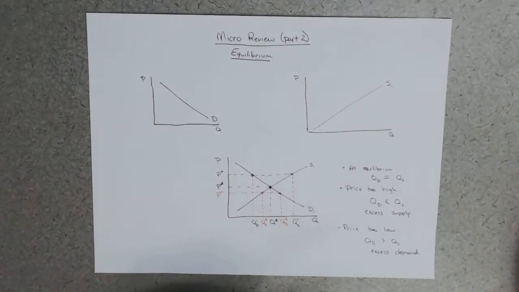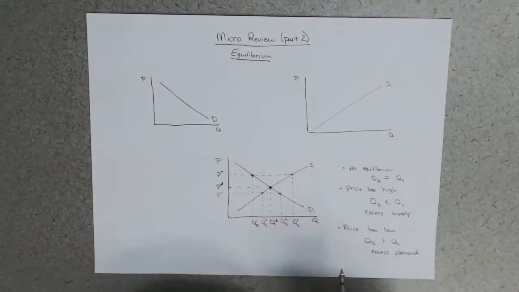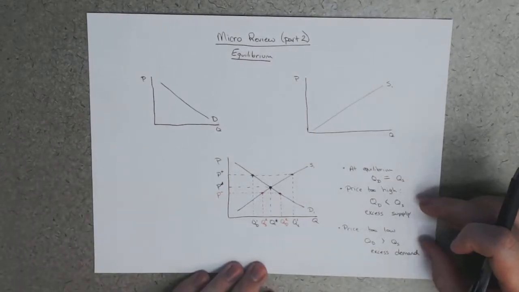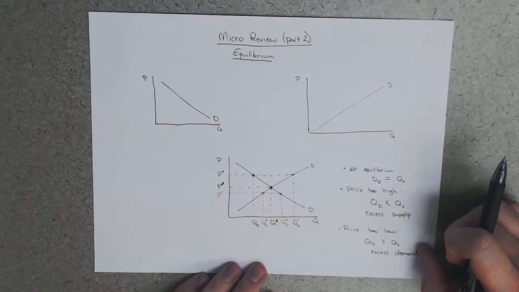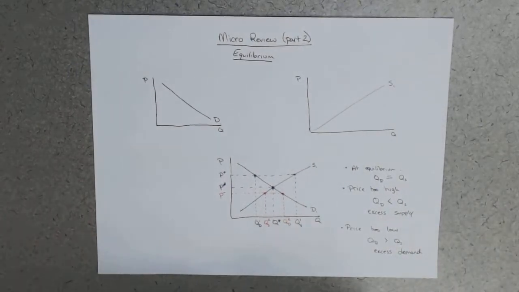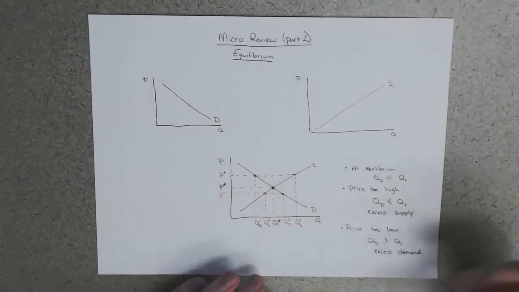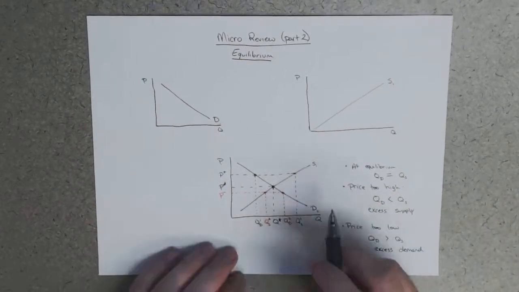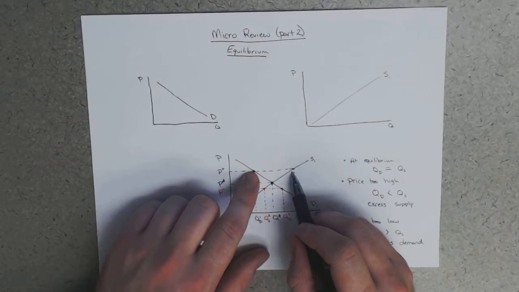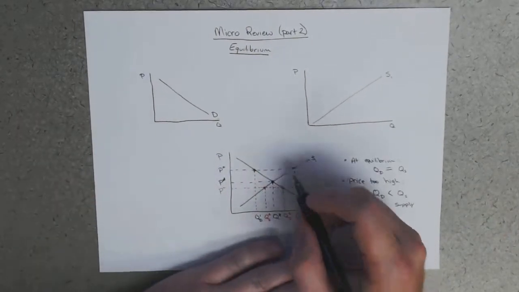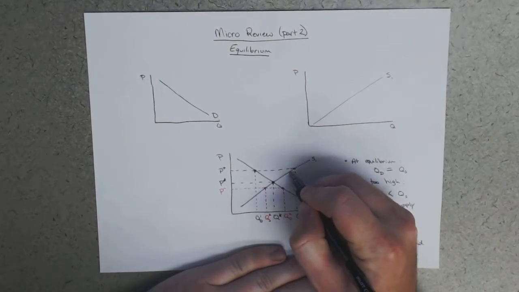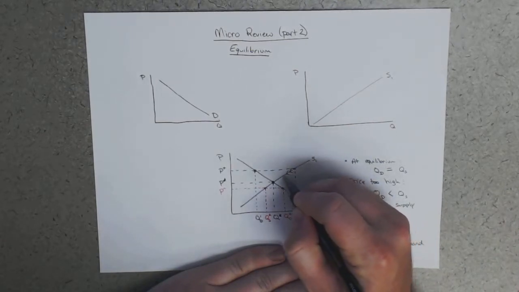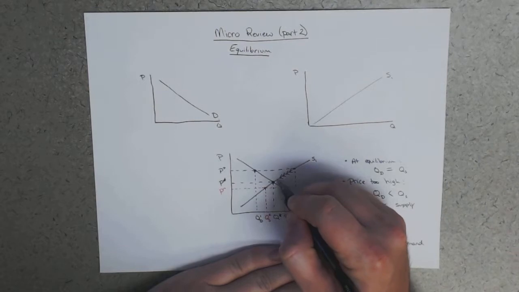And so what we've got is a situation in both of these cases. In the case of the excess supply and in the case of the excess demand, we've got to figure out how to solve this. So how do I solve cases of an excess supply? If I have an excess supply, what do I want to do? Well, probably want to lower the price, which is going to decrease the amount that the producers are producing.